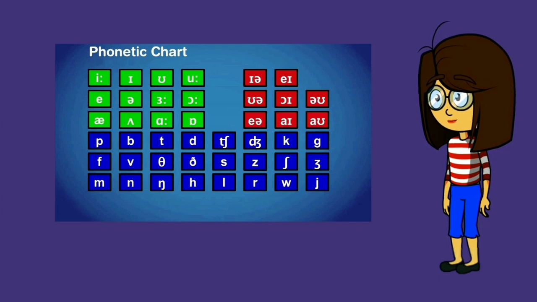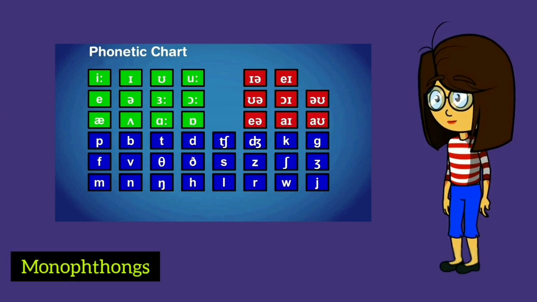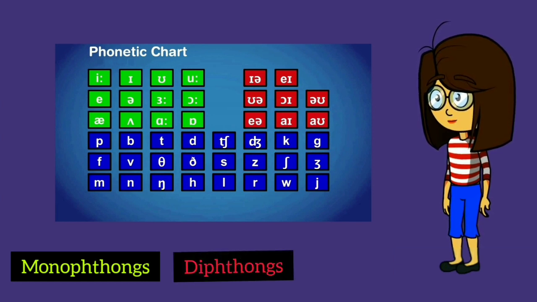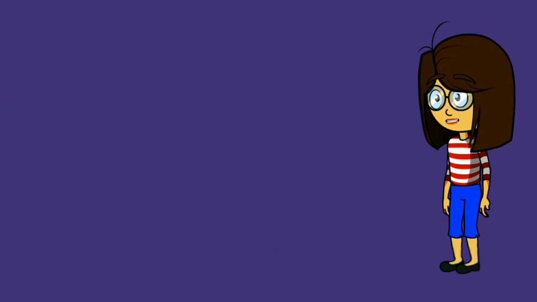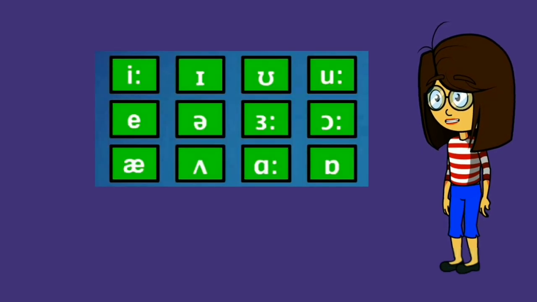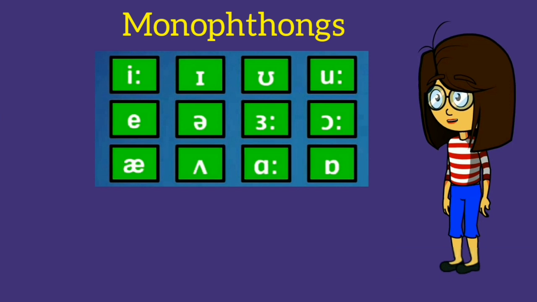The 20 vowels are in green and red, in which the single vowel sounds, that is, 12 monophthongs, are in green and 8 diphthongs are in red, and finally the 24 consonants are in blue. At first, let me tell you the tricks to remember the sounds of 12 monophthongs, that is, the single vowel sounds.